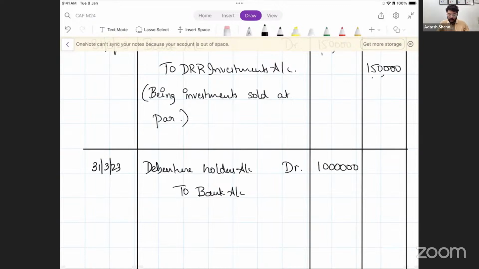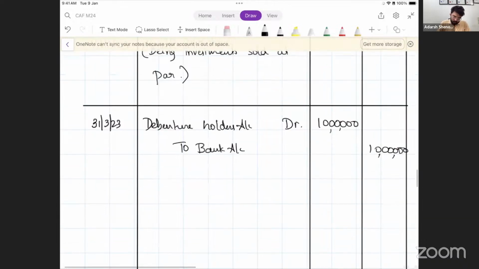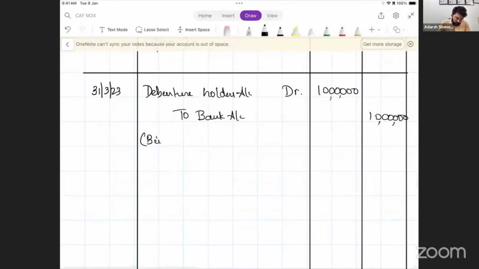It is redeemed at par, so we will need just the 10 lakh rupees for redemption. Being payment due to debenture holders made.